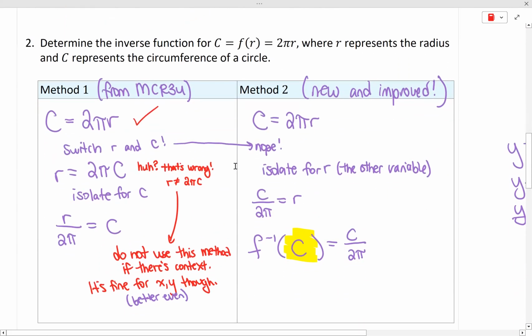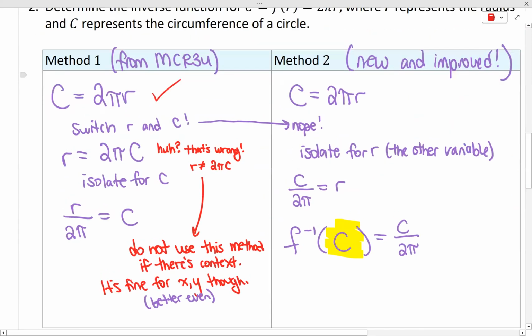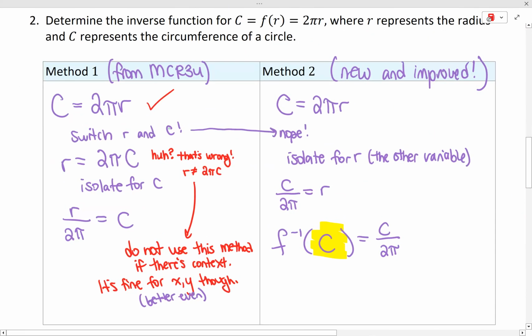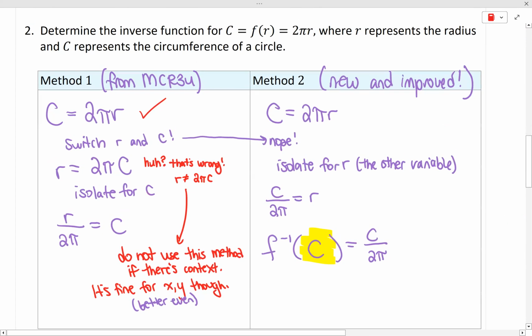Now, in functions, you would have learned this method here, where if you want to find the inverse, you would switch the two variables. Now, when there's context, that's actually not the correct way of doing it, because, for example, here this is saying circumference is 2 times pi times the radius.